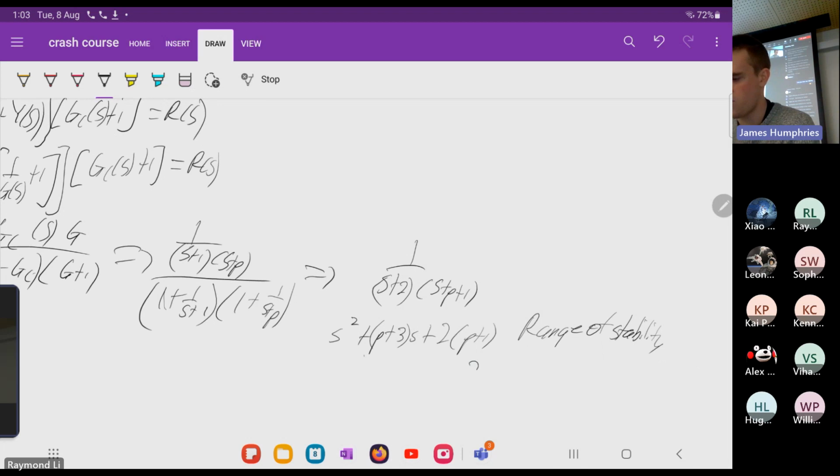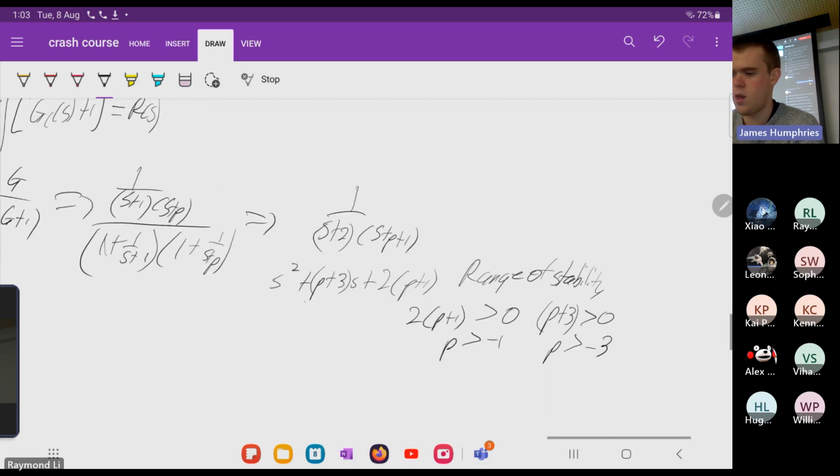We have 2 of P plus 1 must be greater than 0, so P must be greater than minus 1, and then we have P plus 3 must be greater than 0, so P must be greater than minus 3, and therefore we have that.